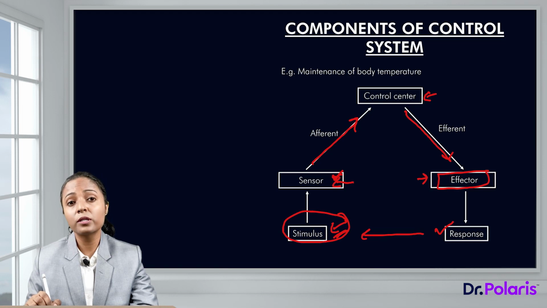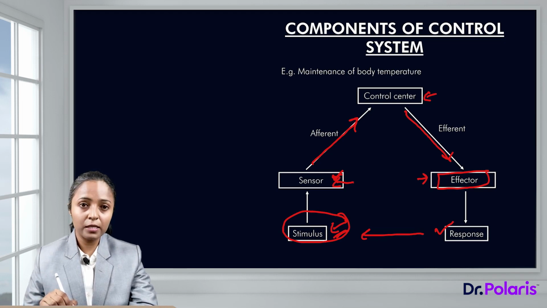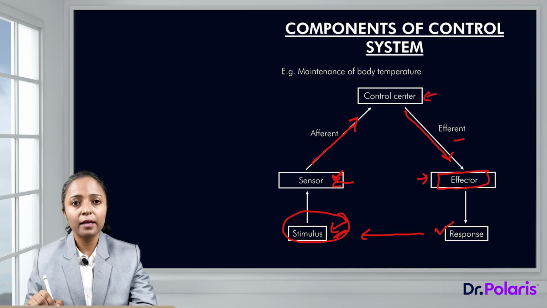And it will also cause a change in behavior of the person. It will lead to vasodilation also. So those are all the responses which are happening, and the effectors in this case will be the sweat glands and the blood vessels. So these are the components of the control system: a sensor which detects the stimulus, afferent, control center, efferent, and effector, which brings about the response.